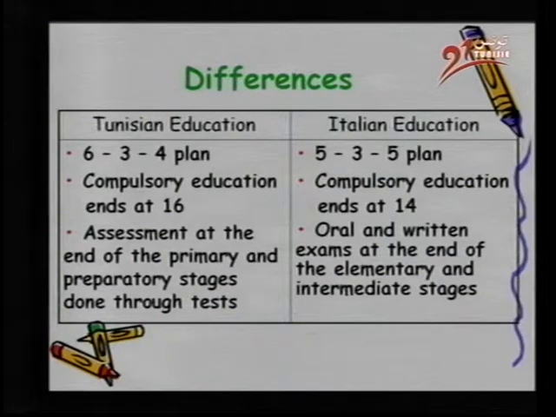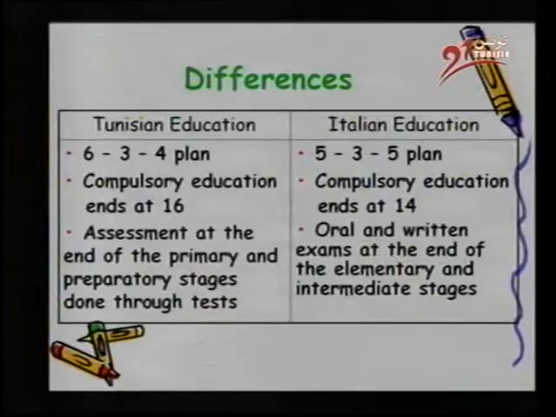And he can pass on from one stage to another if his average allows him to do so. But what about the Italian system? In the Italian system, there are oral and written exams at the end of the elementary and intermediate stages. This means that they cannot move to another stage before they take an exam.